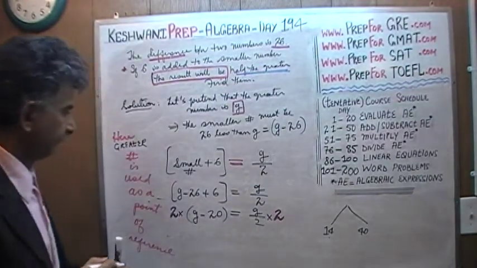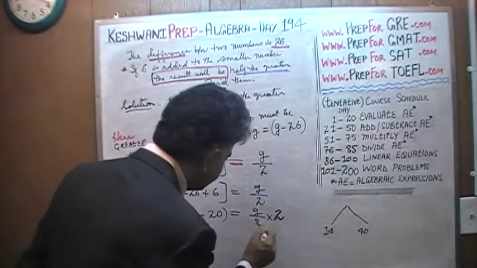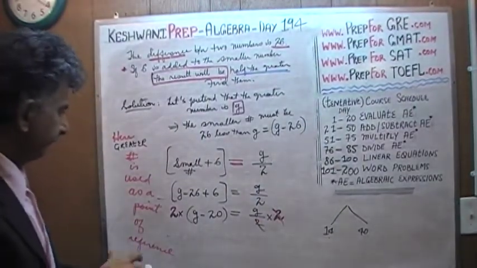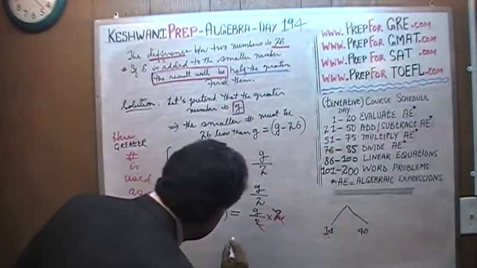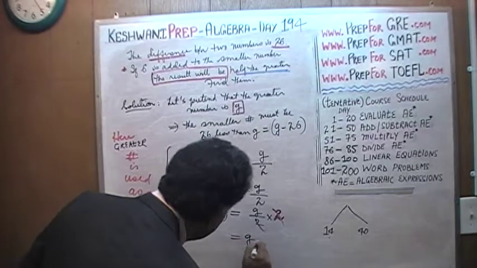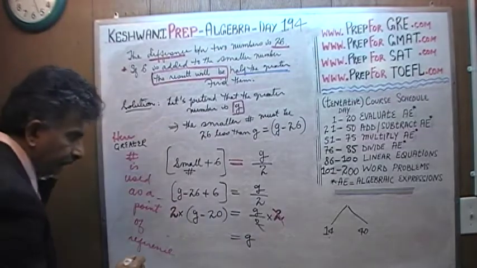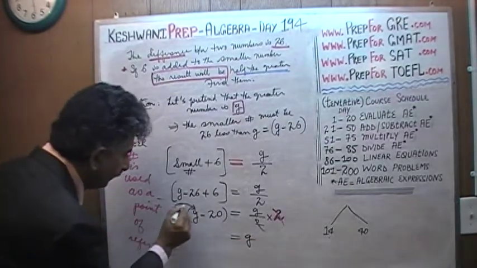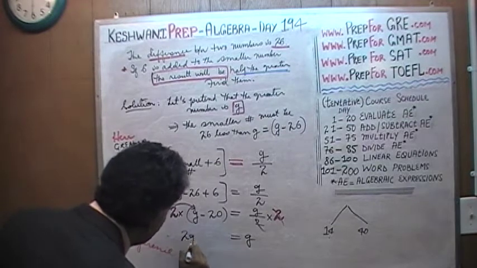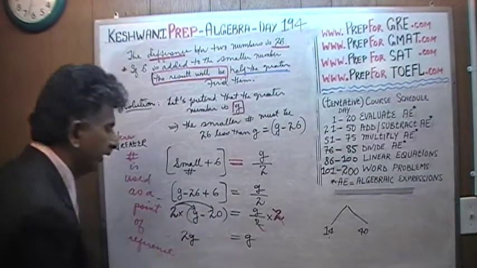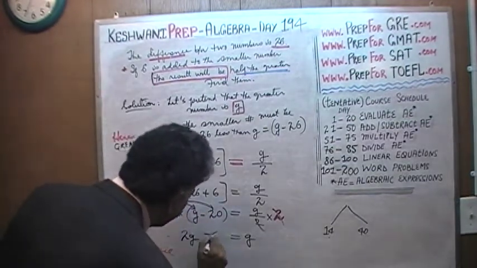Voila. So that takes care of this too. So there is your g. 2 times g is 2g, and 2 times negative 20 will give us negative 40.